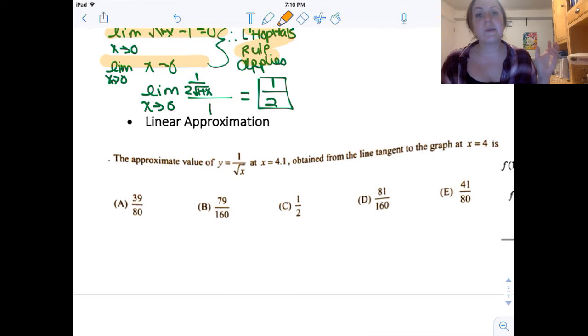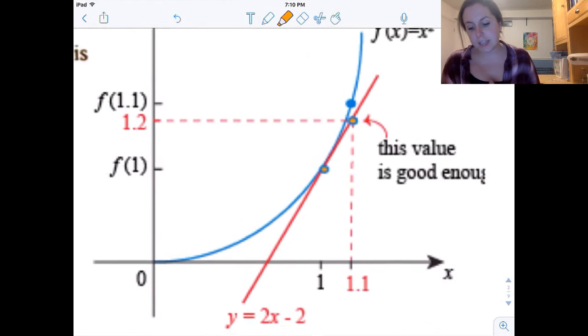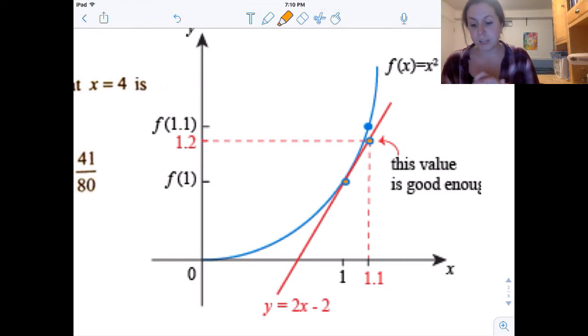So next thing we're going to talk about is a linear approximation, sometimes called tangent line approximation. Here's the idea. Let's say I want to know the value of the function at this point. I don't know exactly what it is, and maybe I don't even know what the function's equation is, so I can't really figure that out. But I know that the tangent line is this.